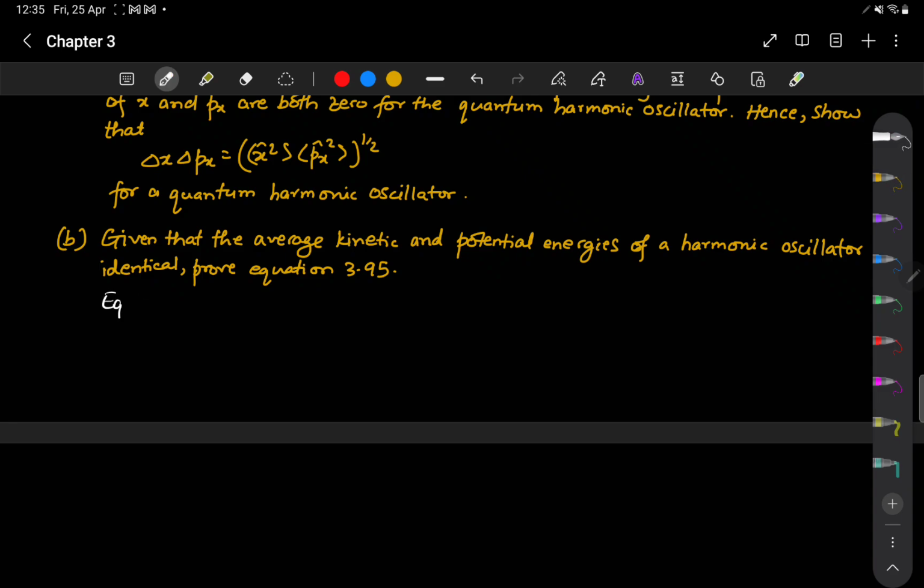Equation 3.95 states the following, that delta x delta px, the uncertainty product for a quantum harmonic oscillator, is (n plus half) h cross, where n is the level of the wave function or the state in which the oscillator is in.